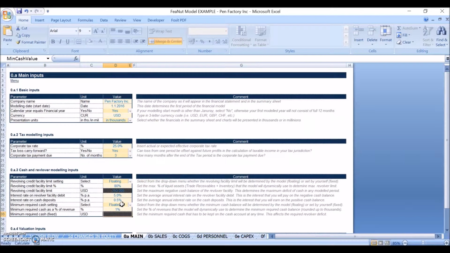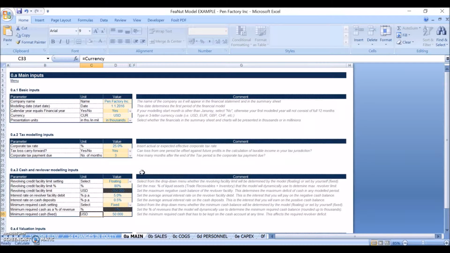Or we can decide that we want to have a fixed limit, and then we can populate some number in here, let's say 50,000. And now the model will always keep $50,000 in our bank account.